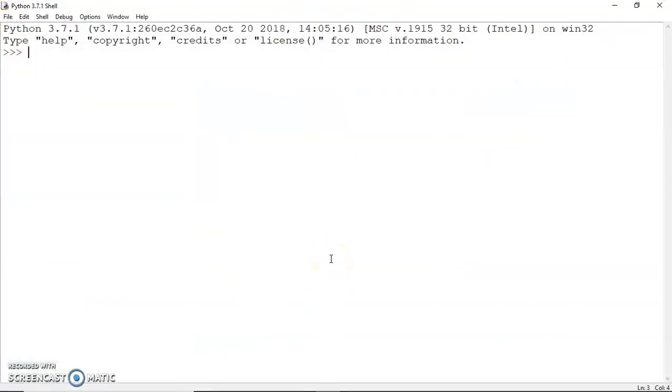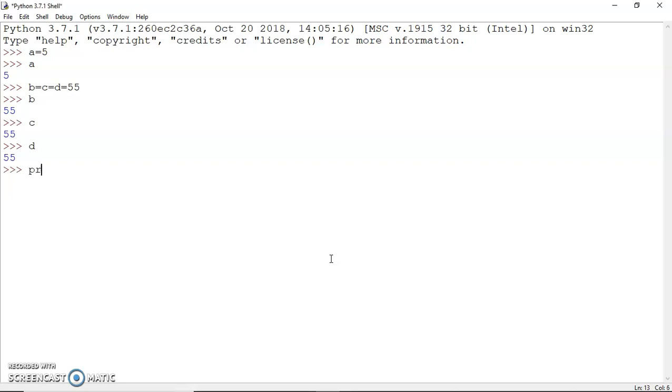Let me show you the working of these operators. Say for example, if I need to assign the value 5 to a, I should write a is equal to 5. So if I now try to see the value of a, it is 5. Or it could be b equal to c equal to d equal to 55. So if I print b or c or d, they are the same.